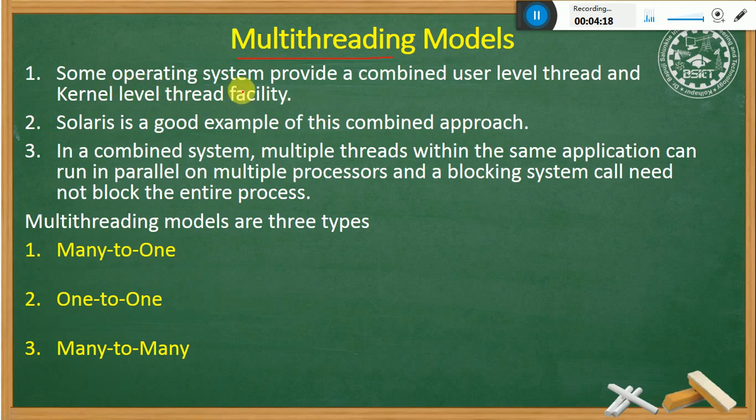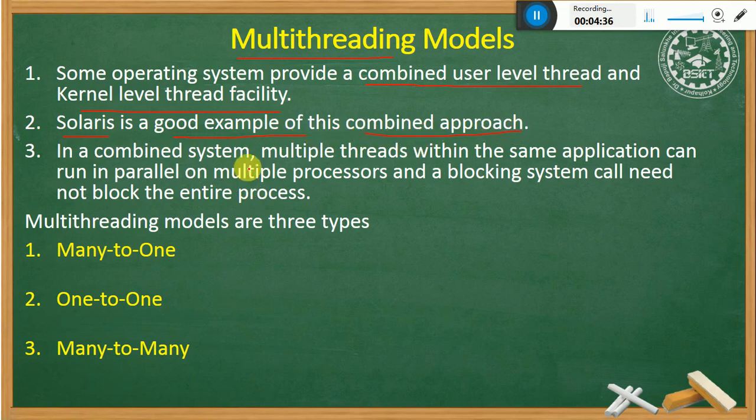Some operating systems provide a combination of user thread and kernel level thread facilities. Solaris is a good example of this combined approach.